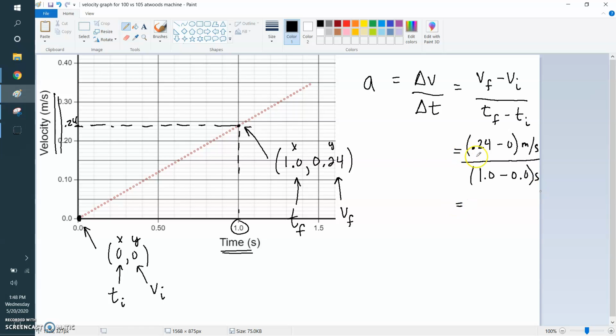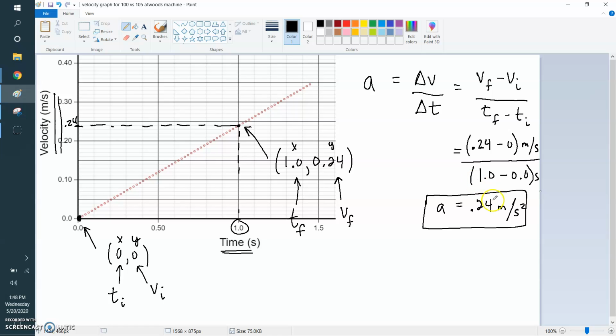So do the math there. 0.24 divided by 1 is going to give me 0.24. So I get 0.24 meters per second divided by second will give me meters per second squared. So 0.24 meters per second squared.